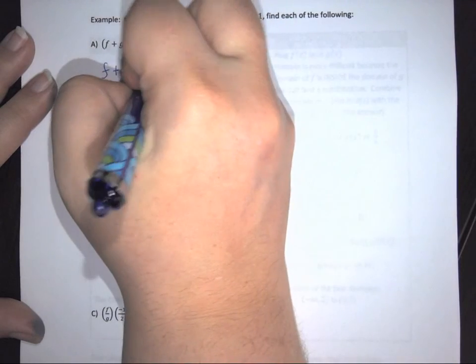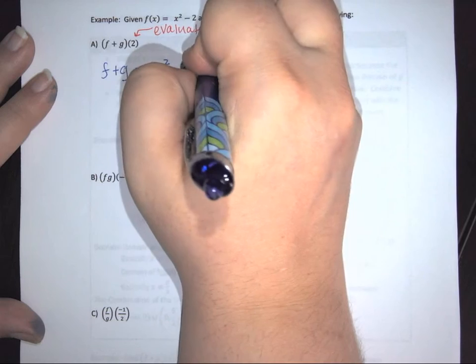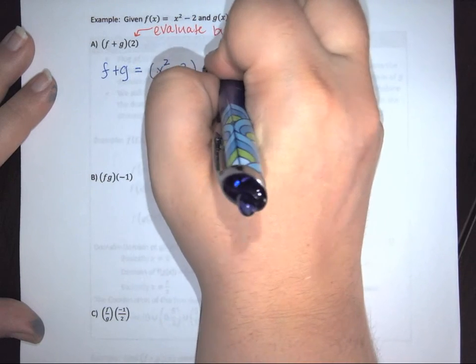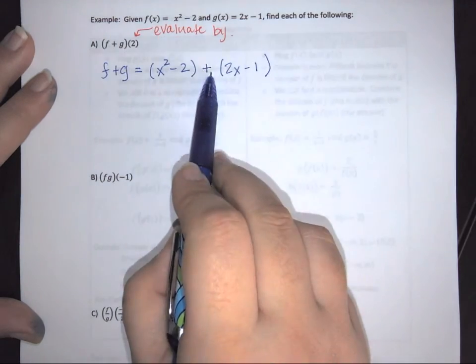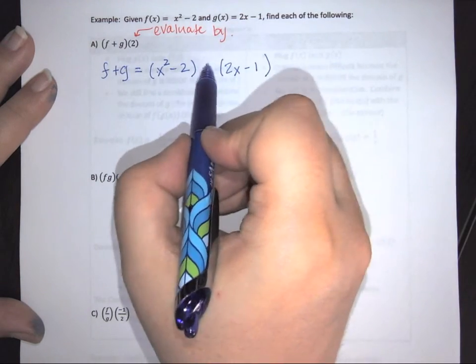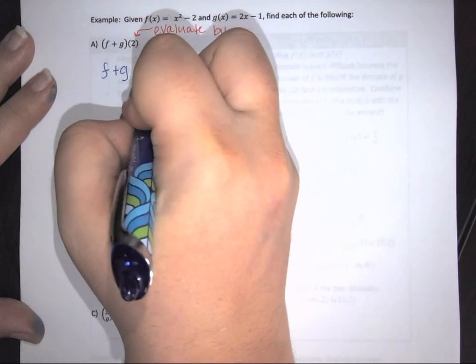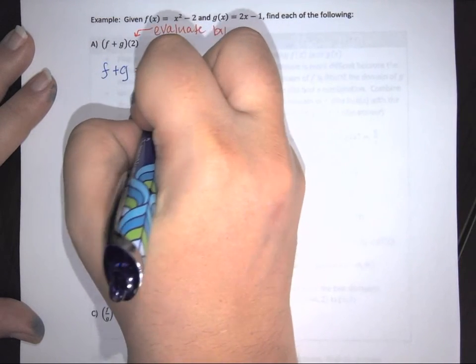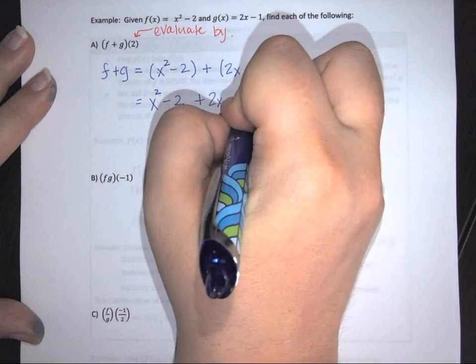So my f was x squared minus 2, and I'm adding this to my g, which is 2x minus 1. Well, my plus sign has to flow through this back parentheses, and nothing's going to change, so this is going to be x squared minus 2 plus 2x minus 1.